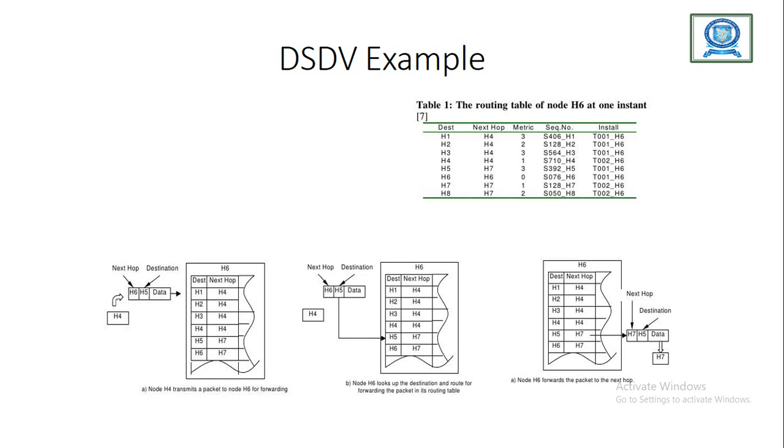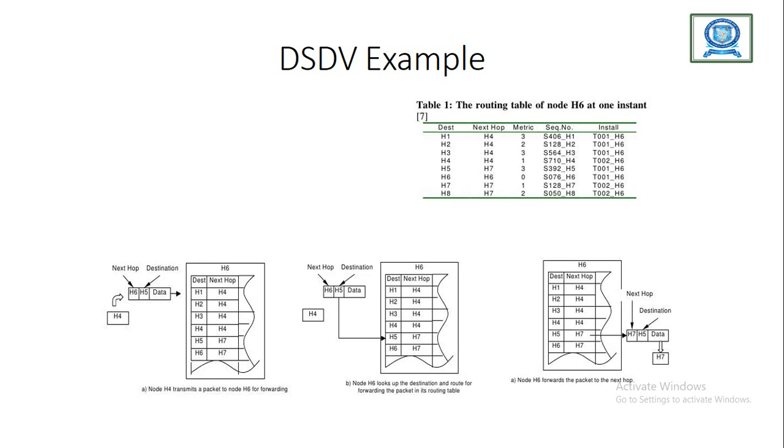H4 will transmit the packet with next hop H6, destination H5, and the data. This packet will be received by node H6, and it will check that the next hop is H6 and the destination is H5, so it doesn't open the packet, it just forwards the packet to its corresponding destination.